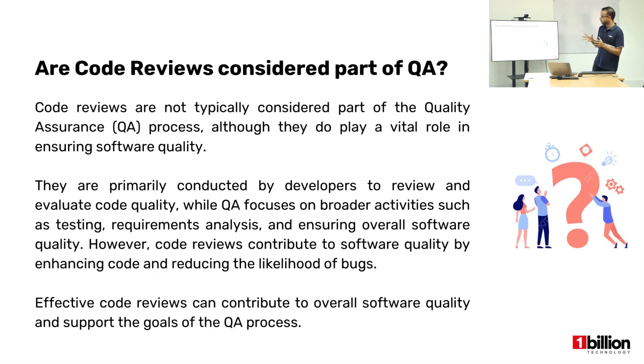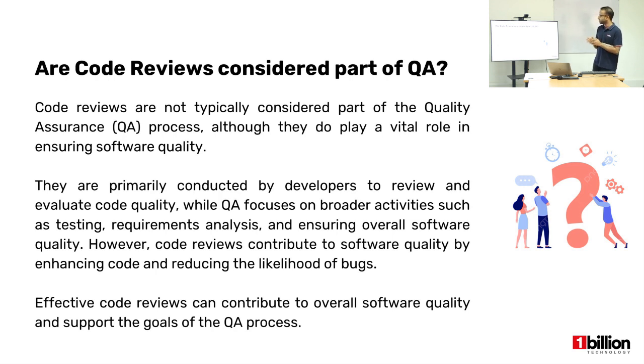Imagine if you combine both: QAs know the domain, developers are doing the code. Combining that will let you deliver a product that has fewer bugs, and a product that the client is really happy about.